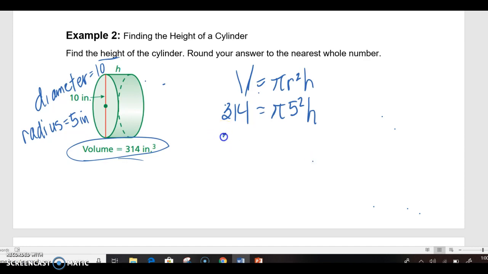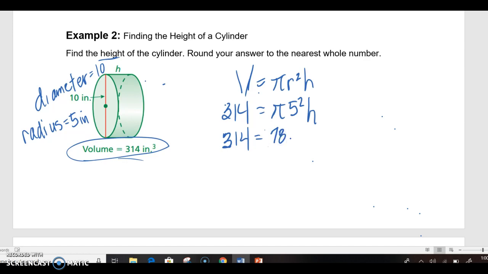So I'm going to simplify this. So I know right now this just stays the same. I do know that 5 squared is 25. So in my head, I'm going to calculate that, or you can use your calculator, but you have to do the exponent first. So I'm going to do 25 times pi in my calculator. And since it's asking me to round to the nearest whole number, I'm not going to actually round that yet. I'm just going to go maybe to the nearest hundredth.